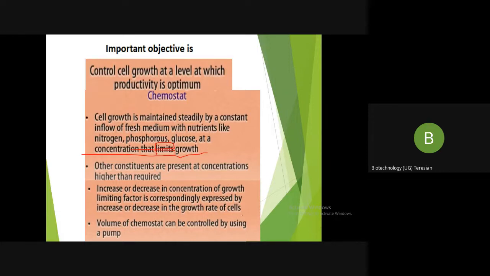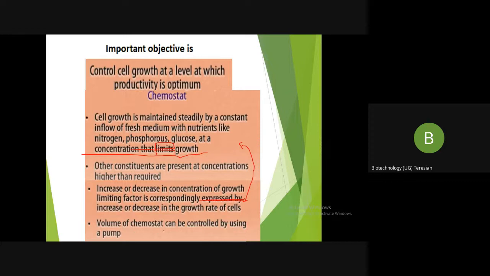Cells means your microorganisms. So you can see the interconnection between these two.